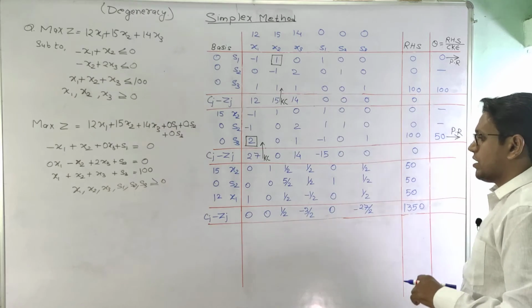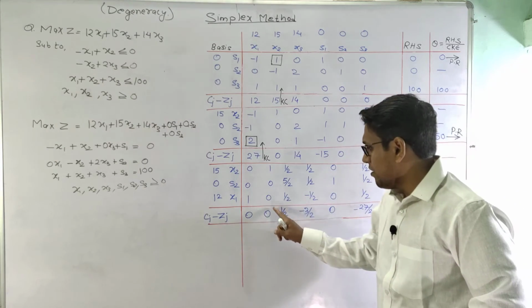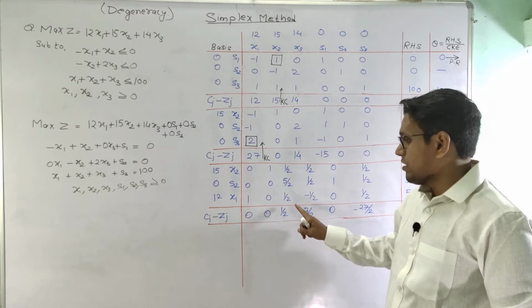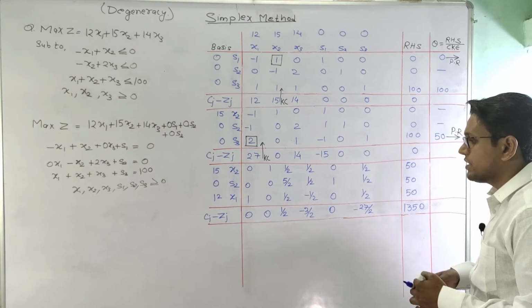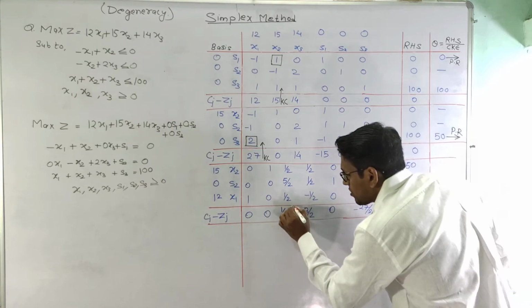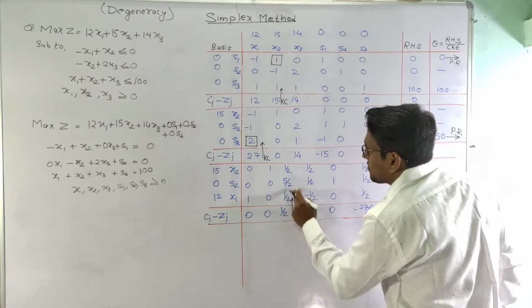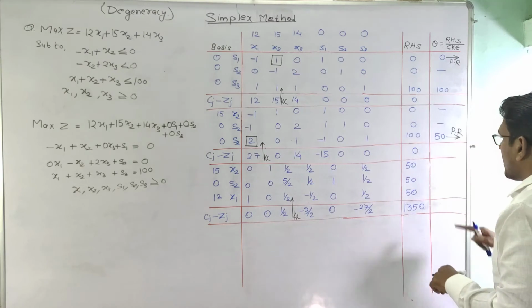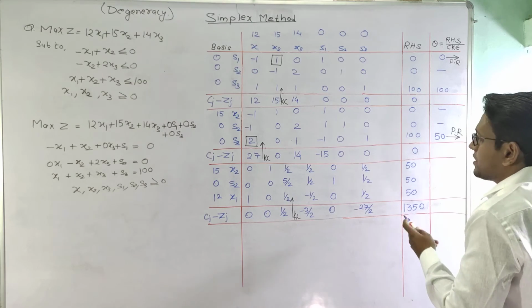So now we have seen that still one positive value is coming in Cj minus Zj row. That means our solution is not optimal yet, and we again need to select this as a key column, that means variable x3 now will enter the basis, and to decide the leaving variable we need to calculate the value of theta.